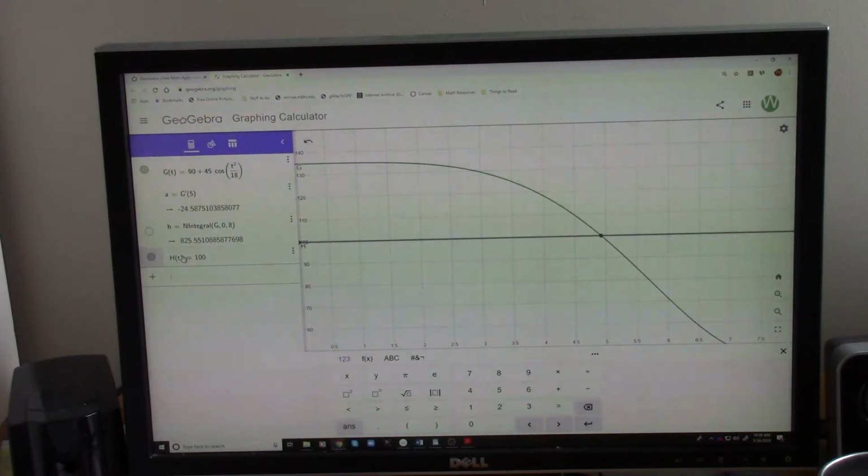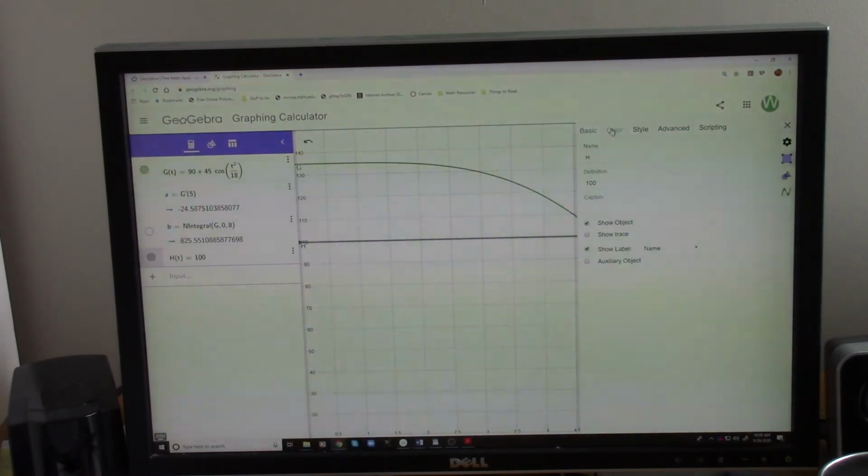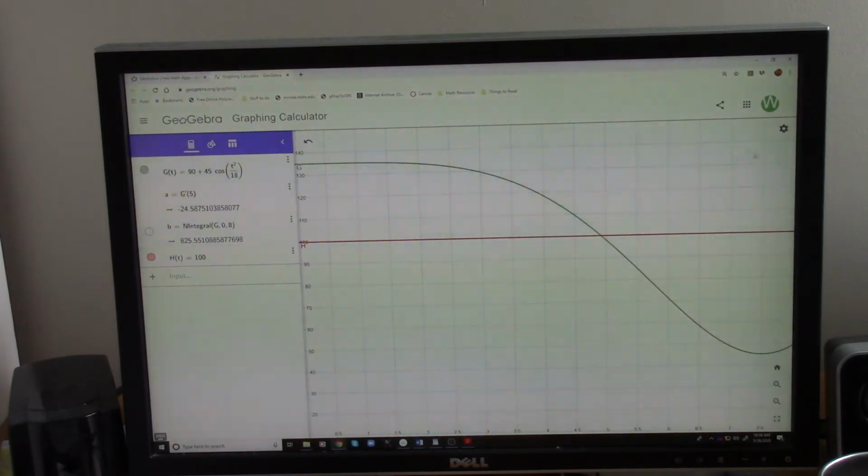Okay. So now we have a visual representation of what's going on. What's going on here is the green, and I think I can change this color. Maybe you want it to be something more exciting like red. Okay. So what we have is this green function, which is the rate at which the gravel is arriving, and this red function, which is the rate at which it is being processed.